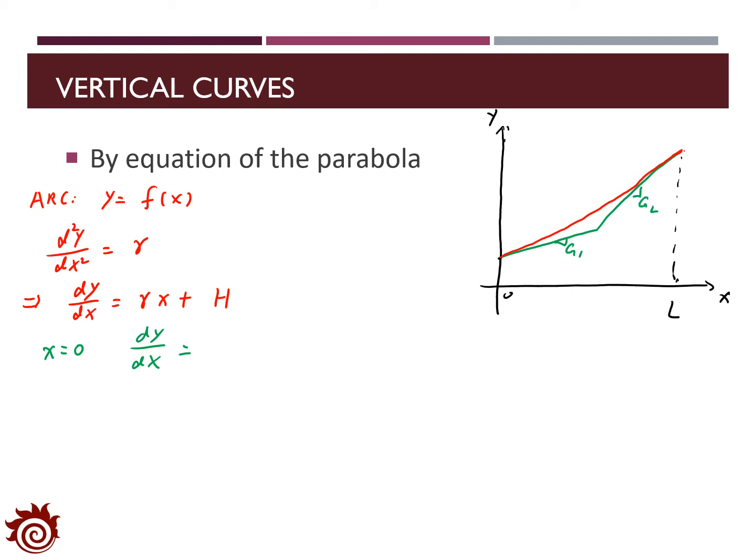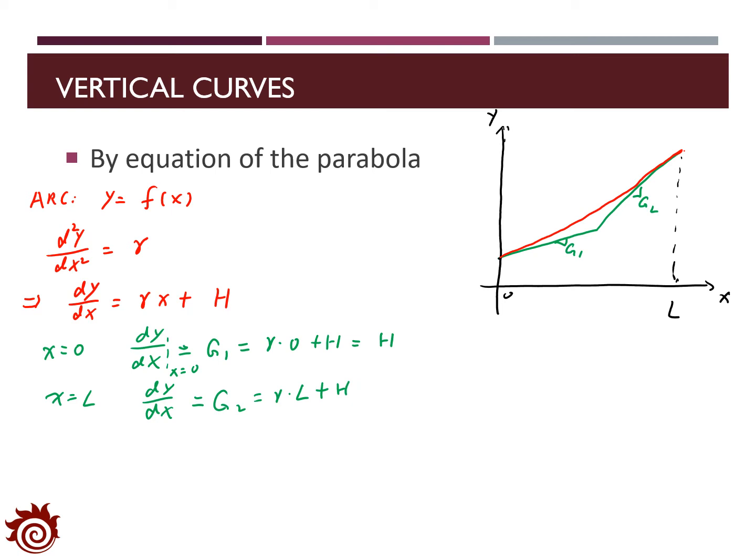So we have dy over dx at x equal to 0 equal to g1. So that is r times 0 plus h, which is h. So we have h equal to g1. And at x equal to L, we have dy over dx equal to g2. That is r times L plus h.